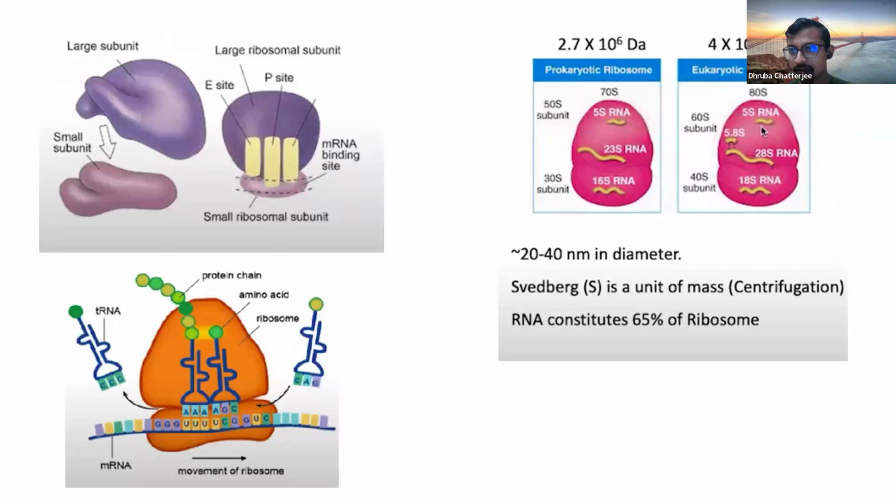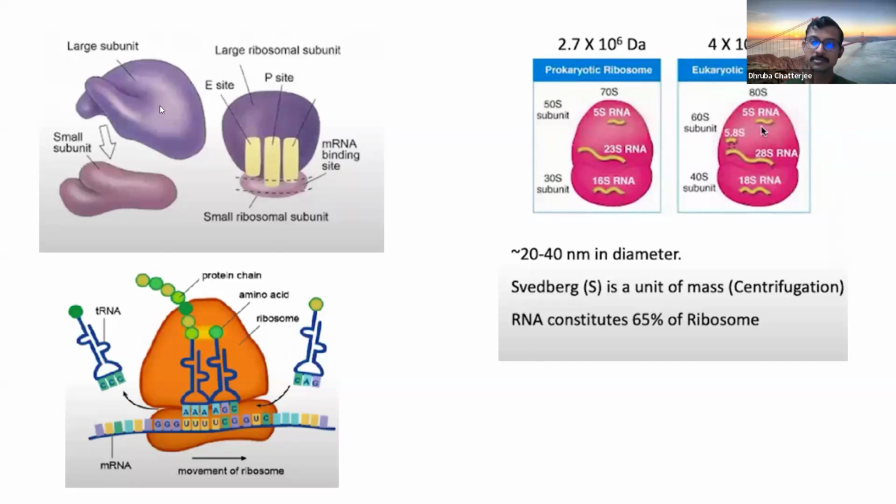For the prokaryotic ribosome, the subunits are measured in S, where S stands for the Svedberg unit, a unit of mass, which essentially gives rise to different centrifugation profiles. Different profiles are different bands, different co-partitioning in the density gradient centrifugation, where you are basically applying centrifugal force. So the heavier it is, the lower it goes. The lighter it is, it stays in the upper fractions.